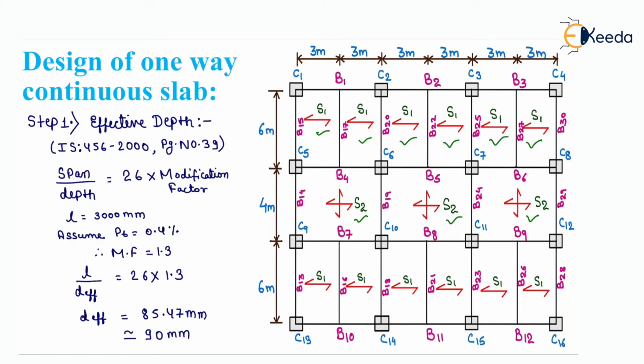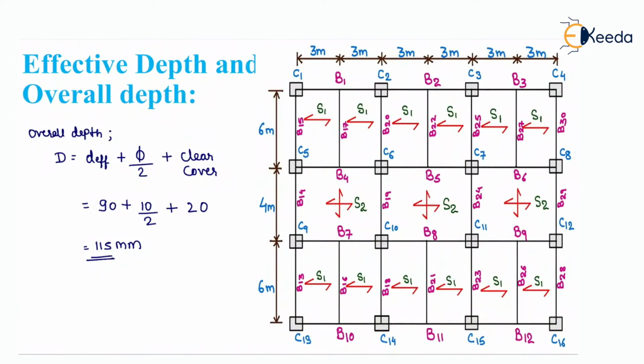Now, from this we will get D effective equals 85.47 mm, approximately equal to 90 mm. So, we get D effective equals 90 mm. Now, we will calculate the overall depth. It is denoted by capital D and we use the formula D effective plus phi by 2 plus clear cover.